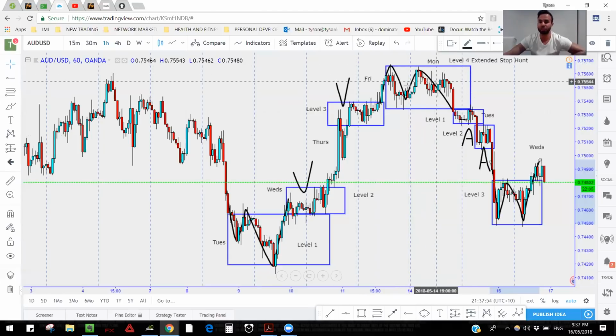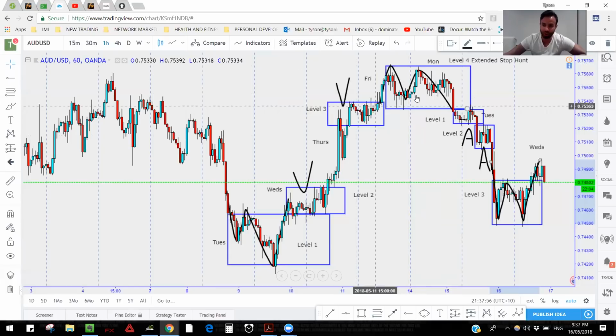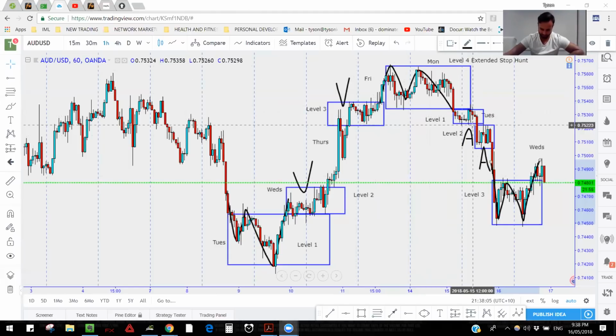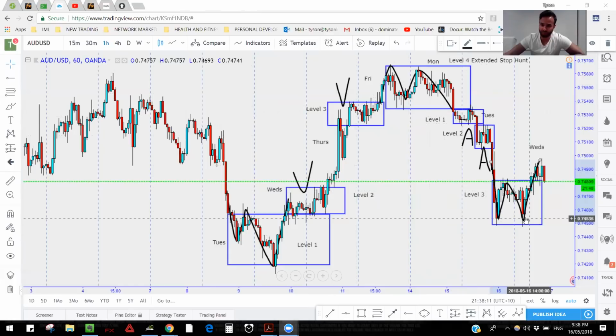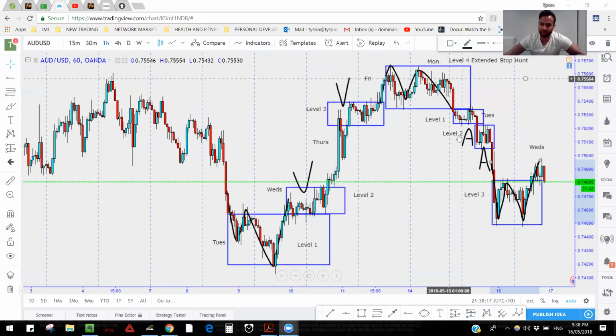Okay, so this is when I could see this happening. When I saw this happening, I knew just to count the levels down. I knew to count my levels to the downside so that I could find that reversal and find my entry down here. Now, here we go. So we got extended, they shifted the zone, they shifted really hard. You can see how slowly this was and how quickly they moved it.